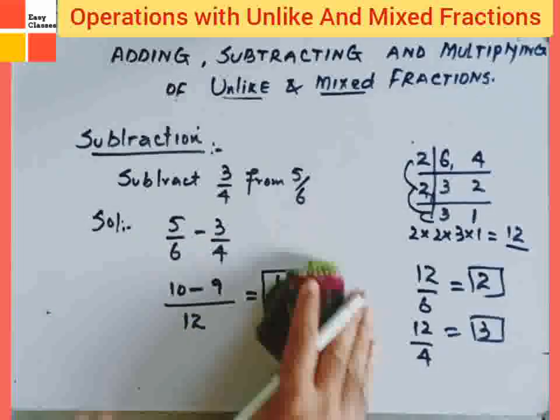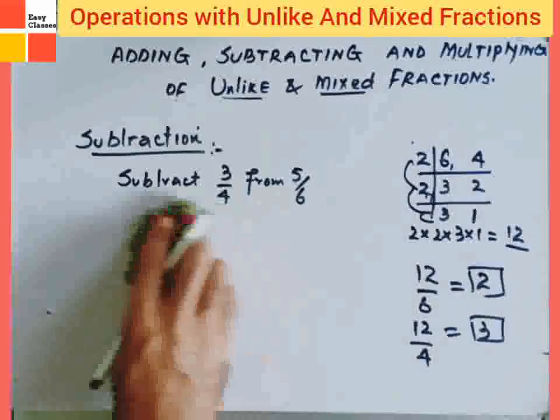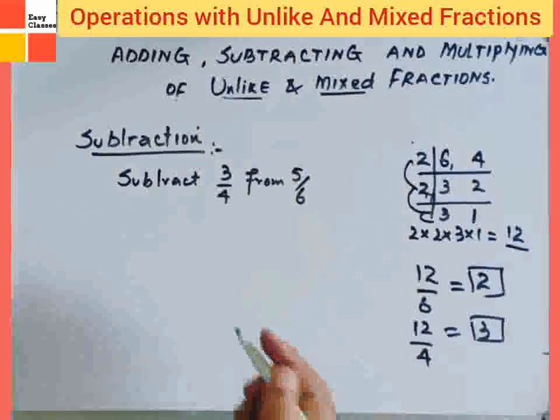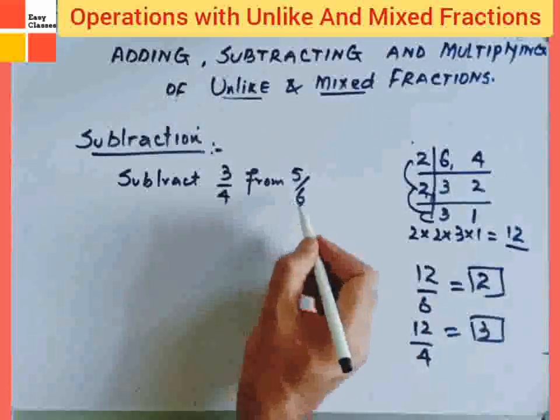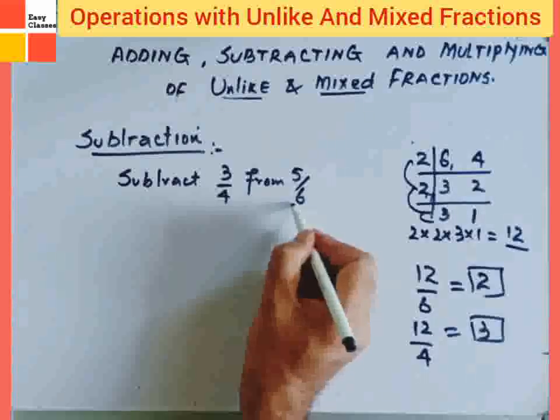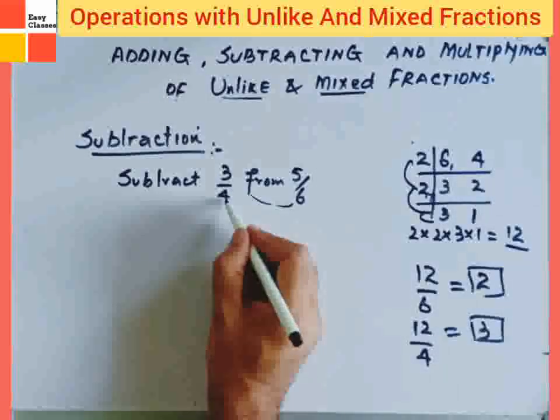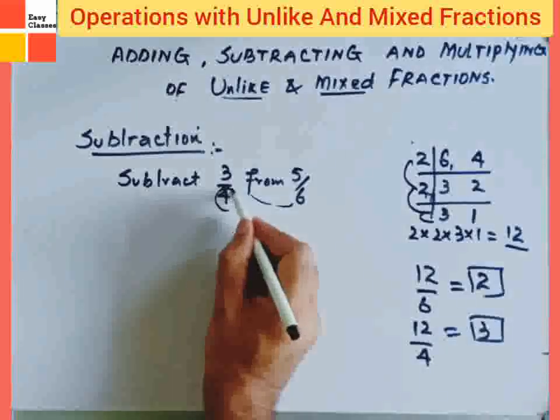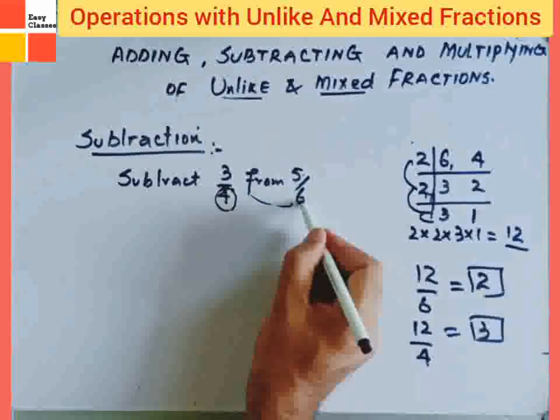Now there is another method that I showed you in the case of addition. What you have to do is multiply the denominator of this fraction with the numerator and denominator of this fraction, and multiply the denominator of this fraction with the numerator and denominator of this fraction.